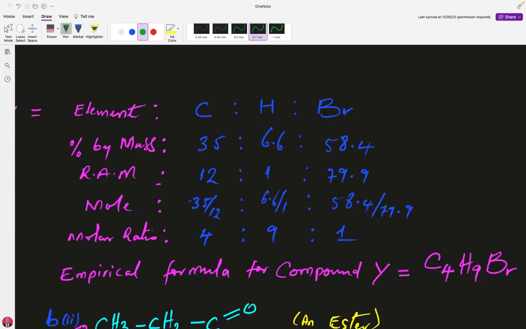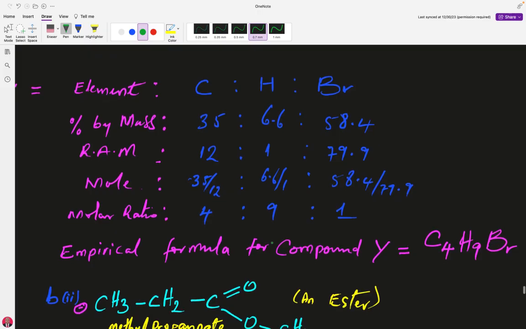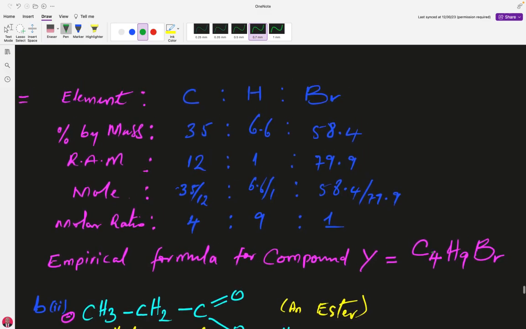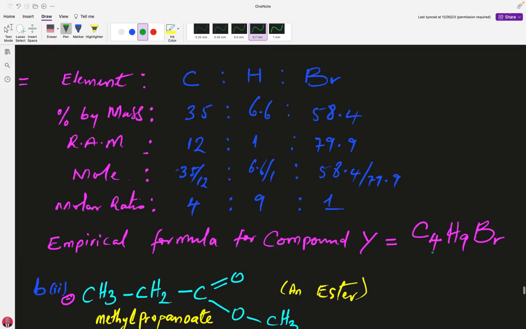When we do that, our molar ratios will be 4 moles of carbon, 9 moles of hydrogen, and only 1 mole of bromine. So this is all what we have. And the empirical formula for the compound Y will definitely be C4H9Br. That will be the empirical formula.